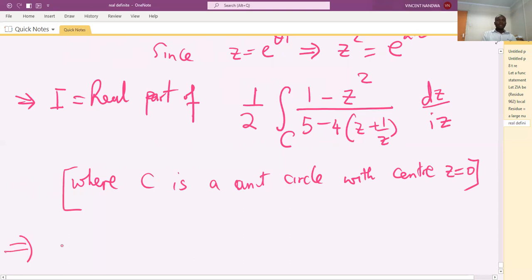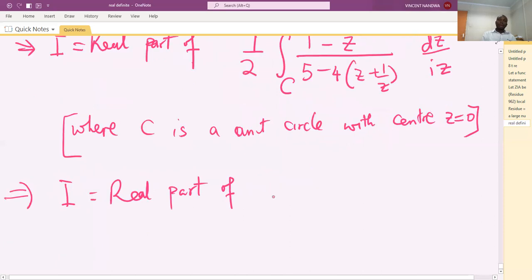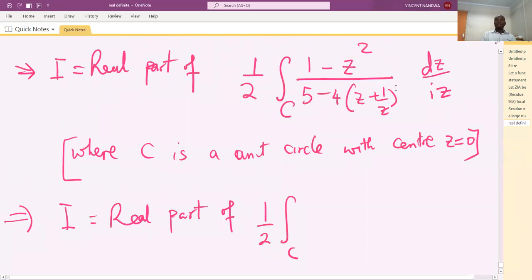So this means that I is the real part of the integral I have along C. Now let's simplify these parts. So we have 1 minus z squared.